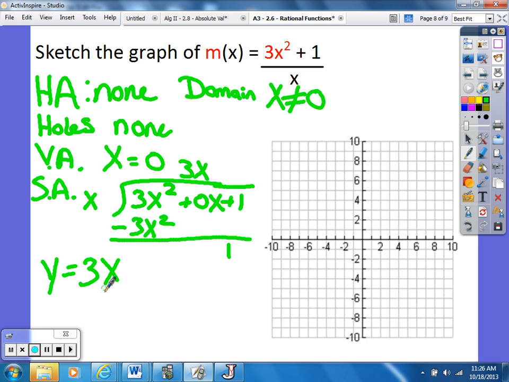Okay? So I'm going to plot my stuff. X equals 0. Vertical, right? There's no horizontal one. Now, this is a linear equation. y equals mx, what's my b?